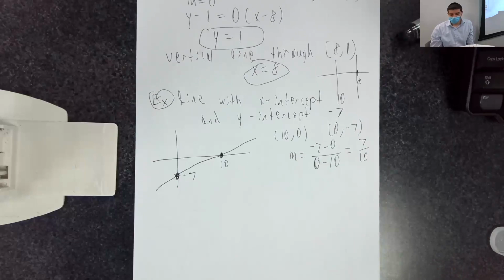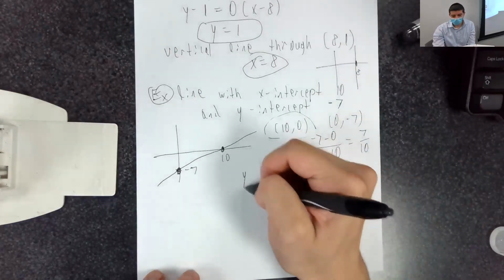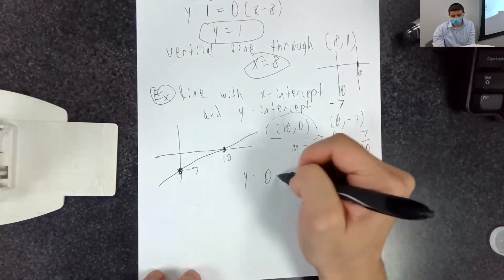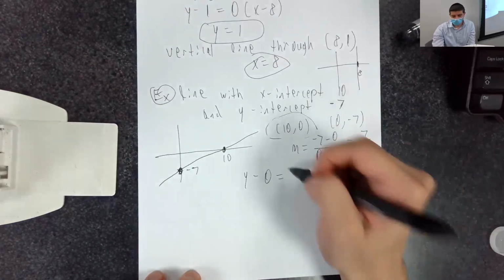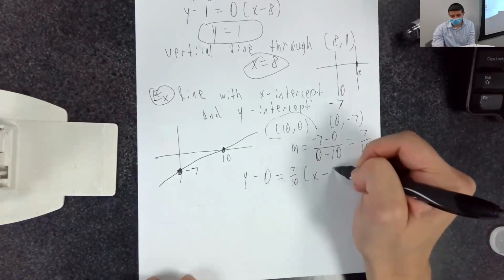Okay. In terms of writing down the equation, I could pick any point I like. Let's say this one. So y minus 0 is equal to 7/10 times x minus 10.